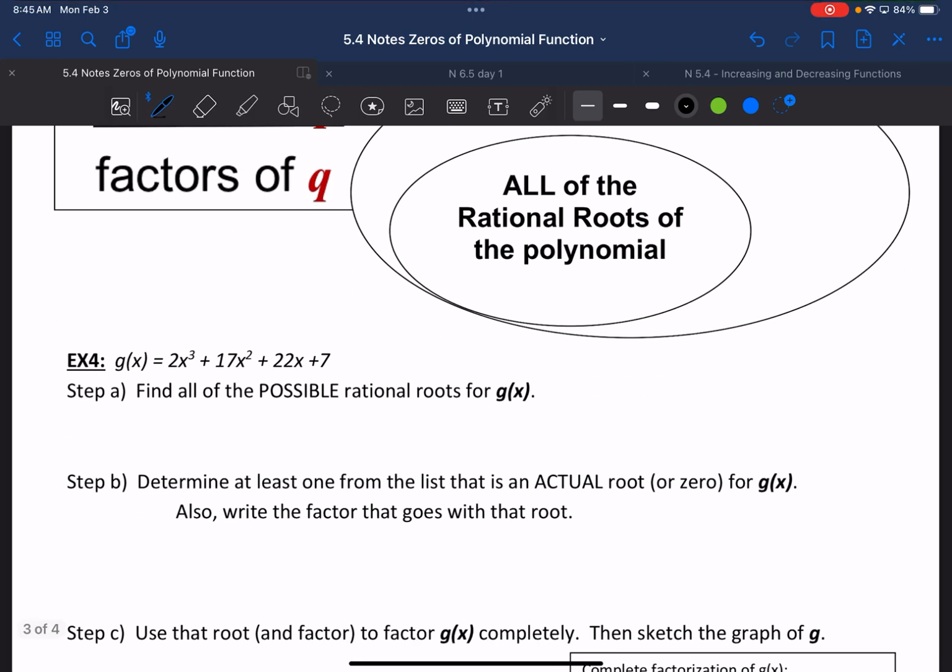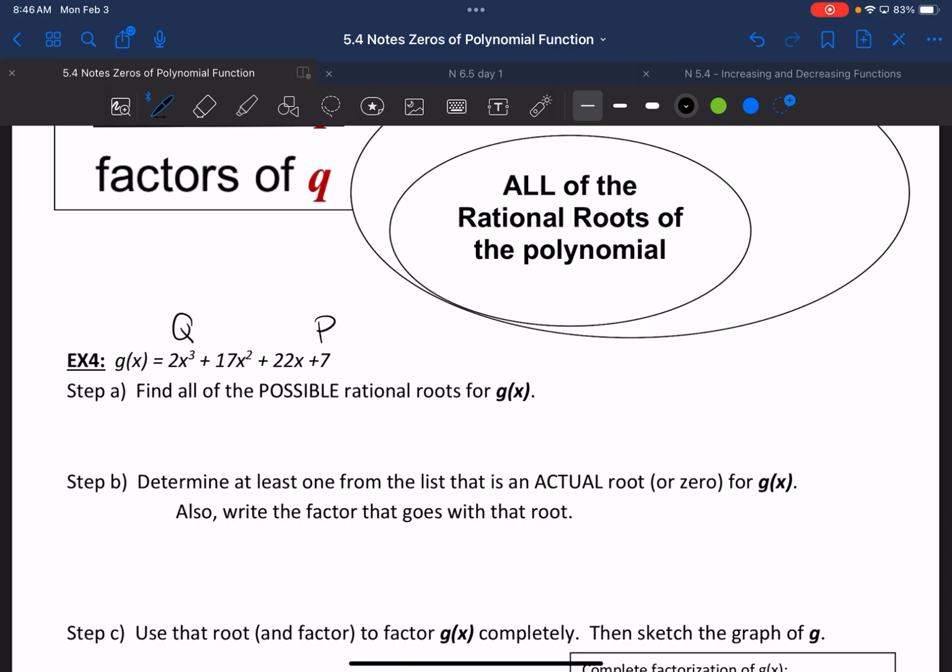So it says first we need to list out all the possible rational roots. Well, remember, we said the highest degree, which if it's in standard form, should be the first term written. And we're going to call it Q. And then the last term should have no exponent with it. We'll call it P. And we're just going to list out its potential factors. Basically, what are numbers that multiply to get us that term, okay?